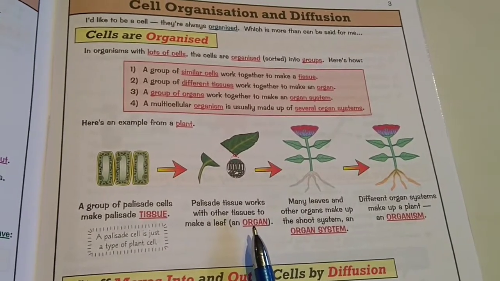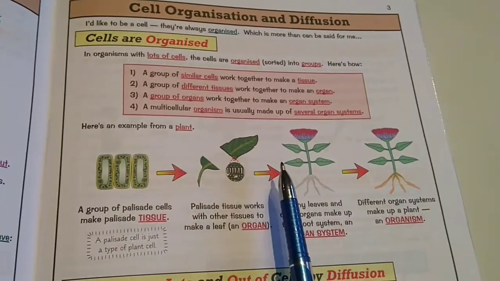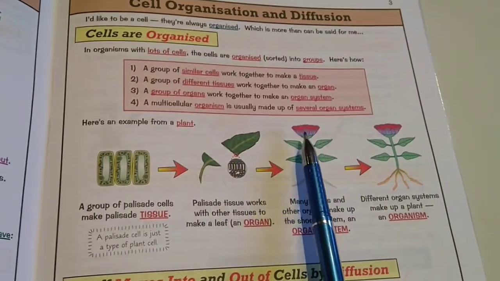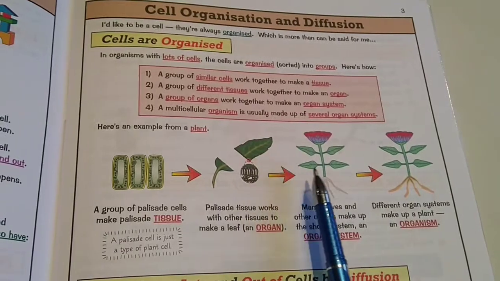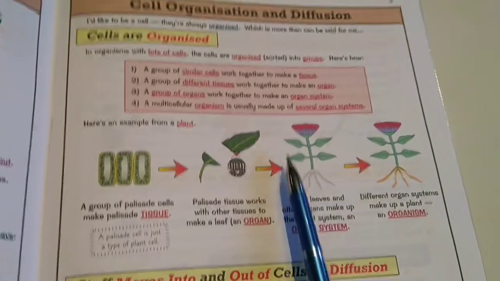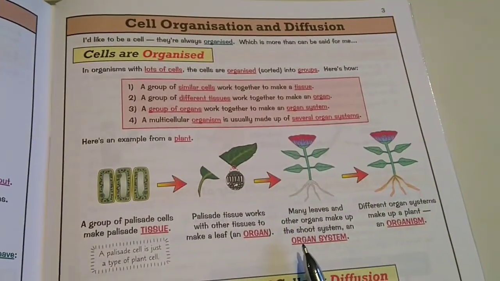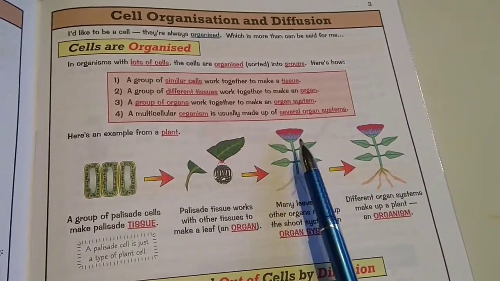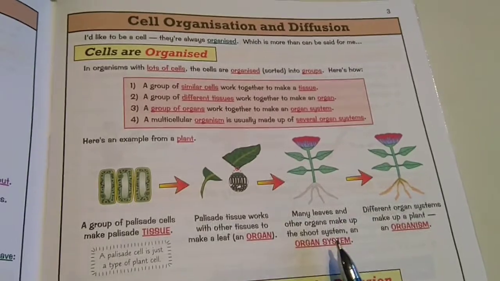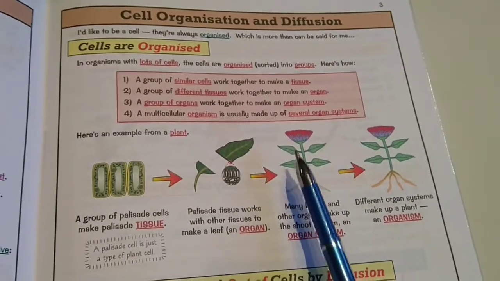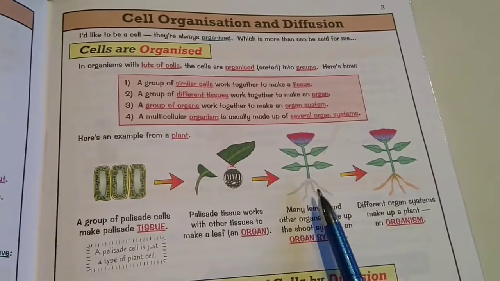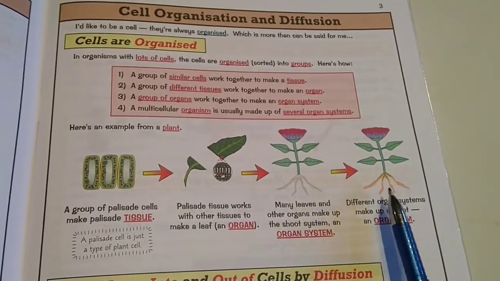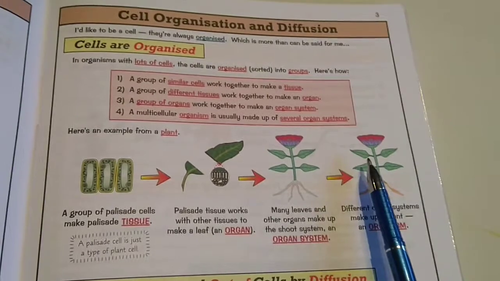And this organ, that is the leaf, there are many organs like a leaf, flower. So all these different organs of a plant join together to form the organ system, that is the shoot system. And this shoot system and the root system join together to form the full organism, that is they result in the formation of the full plant.